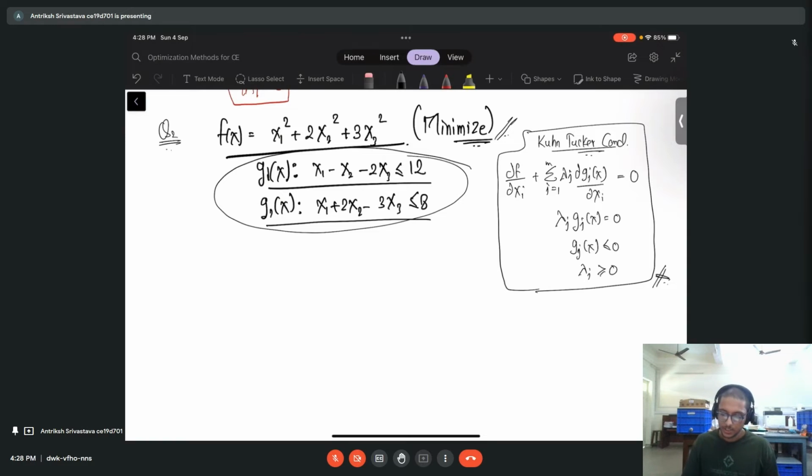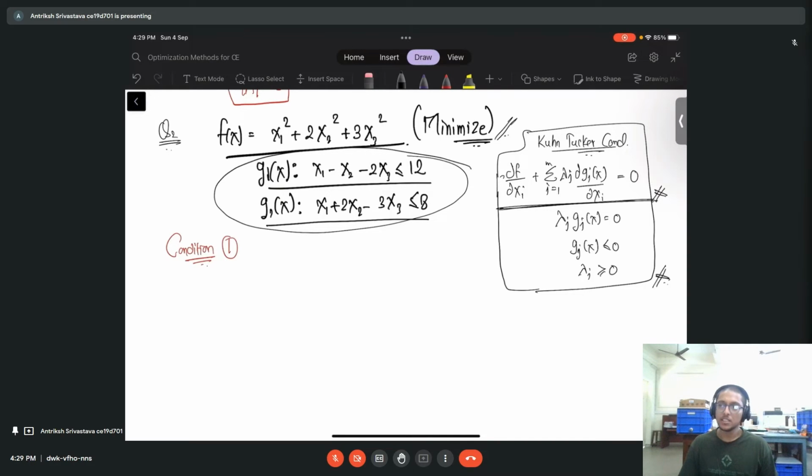Okay. Now let's try to get the equations based on our first condition. So let me write condition 1. What will be the differential for the first variable?